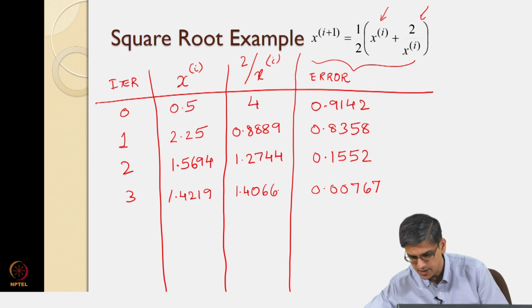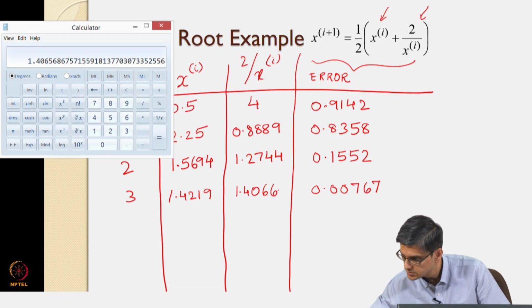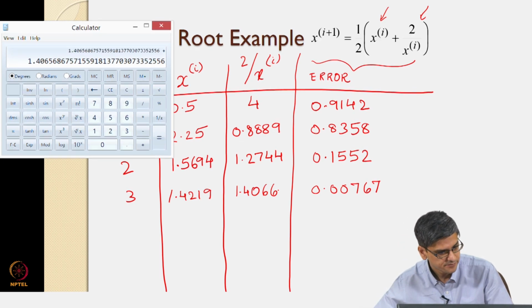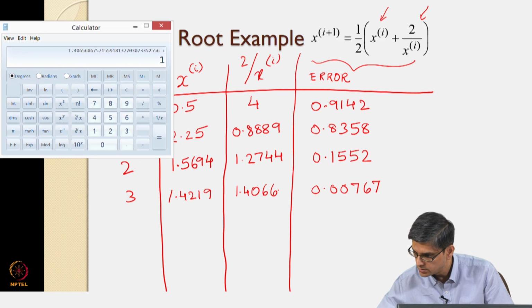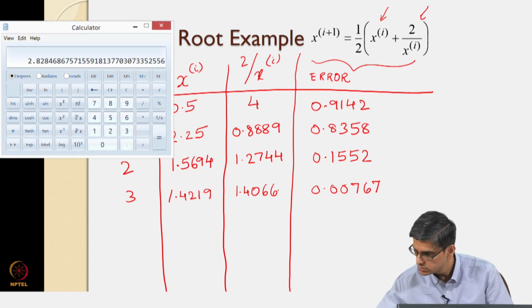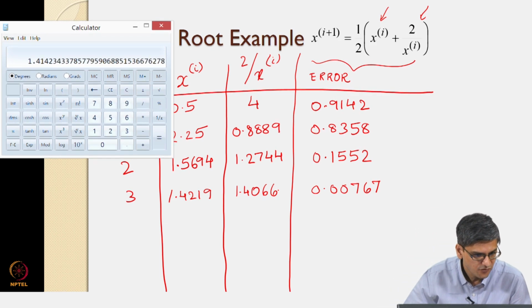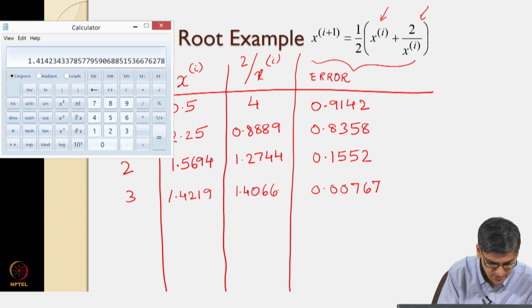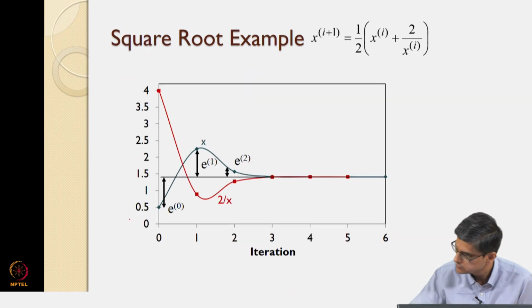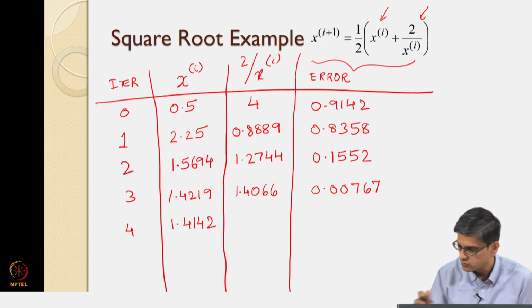The average of those two numbers is 1.4066 plus 1.4219, divided by 2, which equals 1.4142. That is iteration number 4.